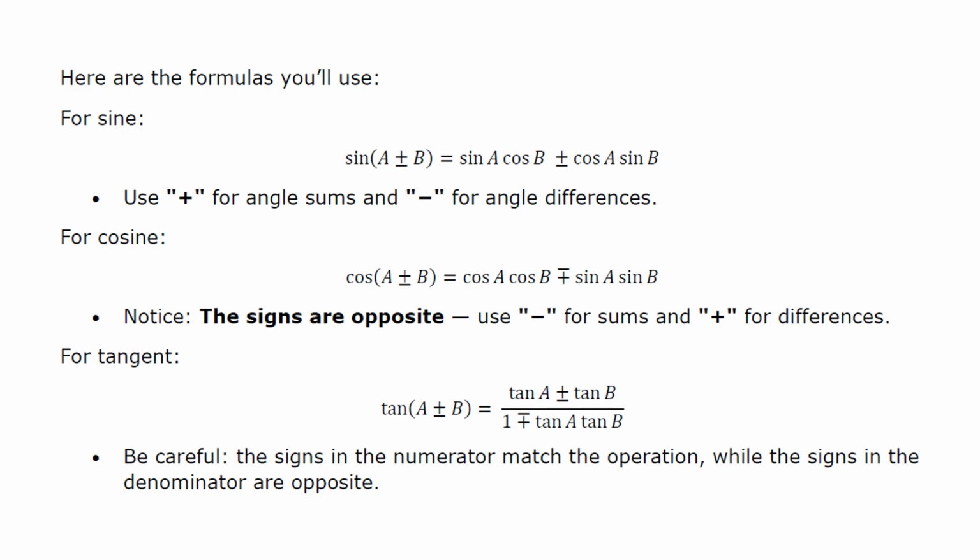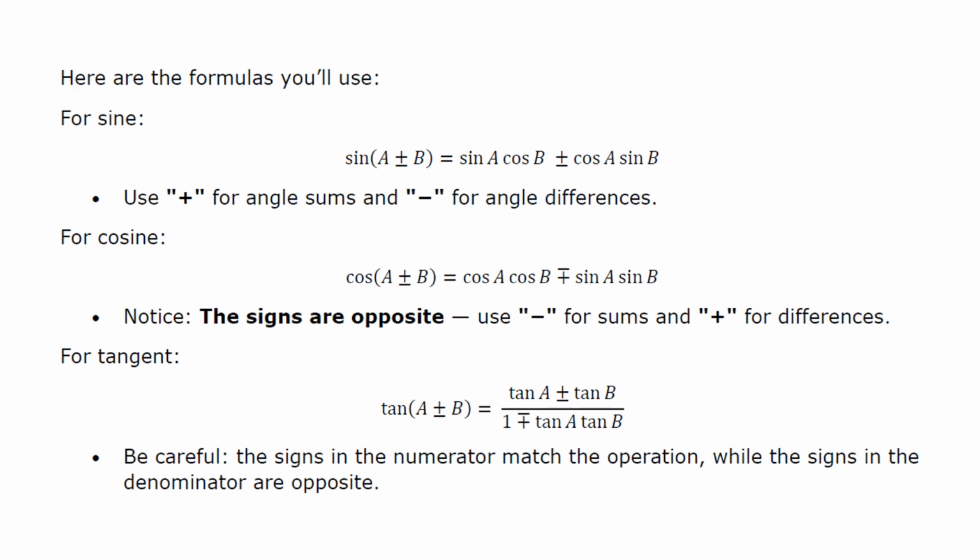So if we're adding two angles, the numerator will be positive, or the plus sign, and the denominator will be the subtraction symbol. If we are subtracting two angles, the numerator will also be subtraction, and the denominator will be addition.